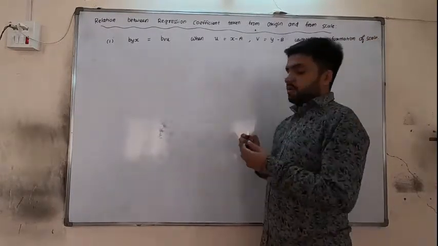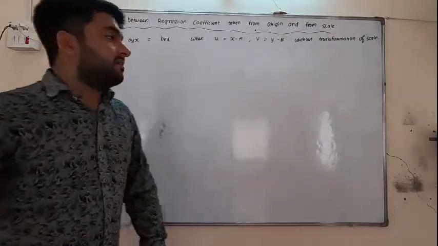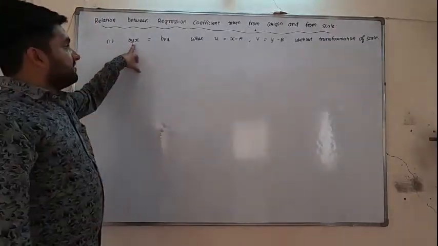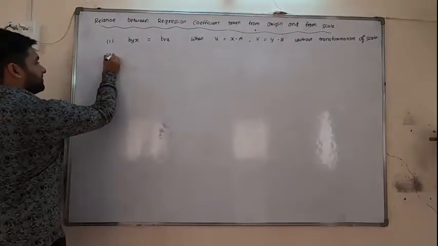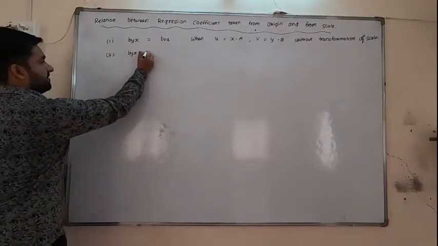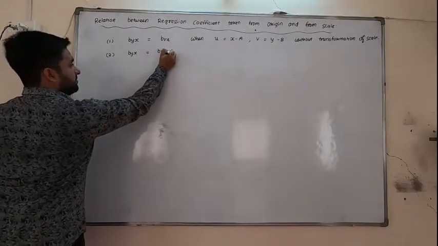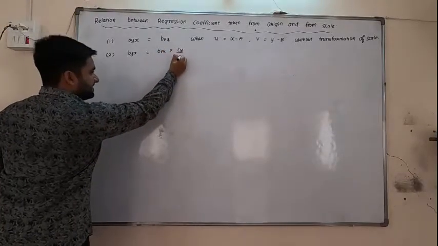So whenever we are not transforming the scale, b by x and b v u will be the same. And when we are transforming it, b by x is equal to b v u multiplied by Cy by Cx.